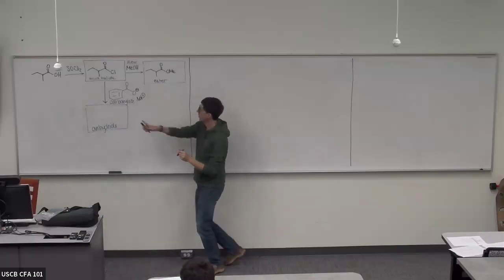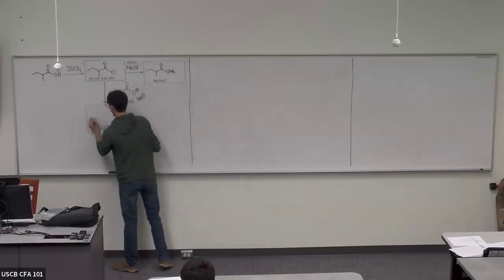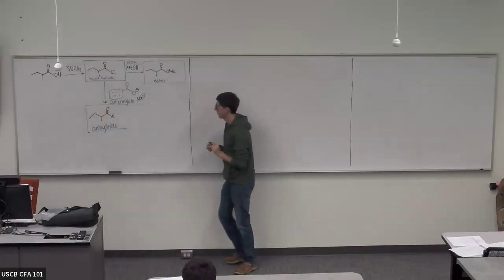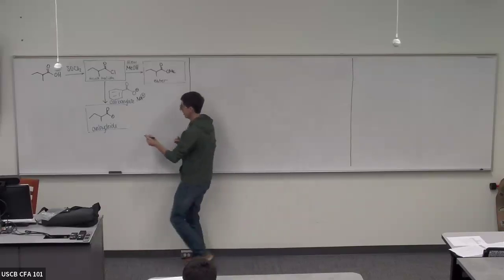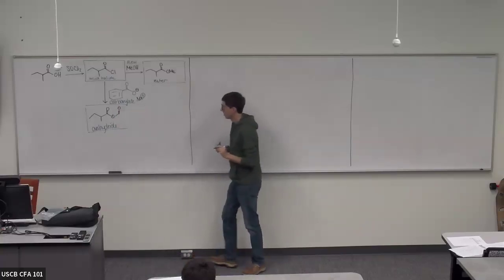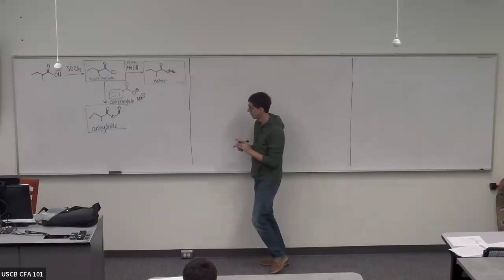Okay, so we'll start with our main starting material. So the anhydride is going to start like that, and has that structure where you have two carbonyls next to the oxygen.